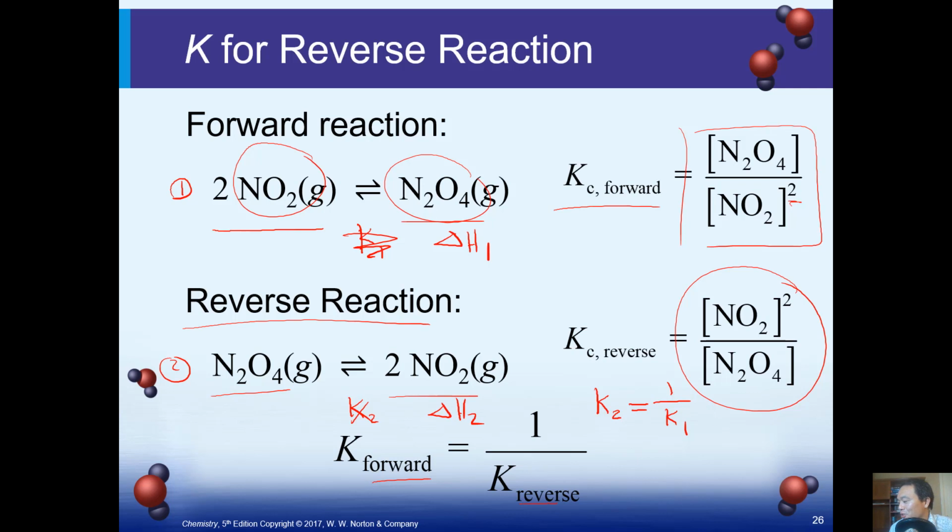The relationship is delta H2 is negative delta H1. Why? Because delta H, the enthalpy change, is a state function. It depends on the starting point and the end point. If you reverse the reaction, you reverse the starting point and the end point, so the difference in enthalpy becomes the opposite sign.